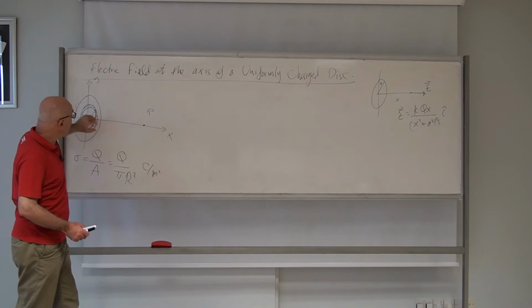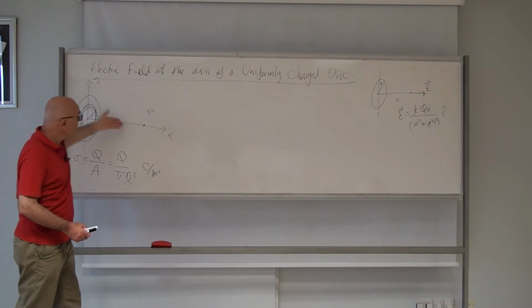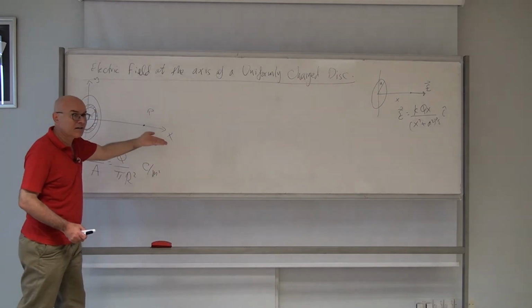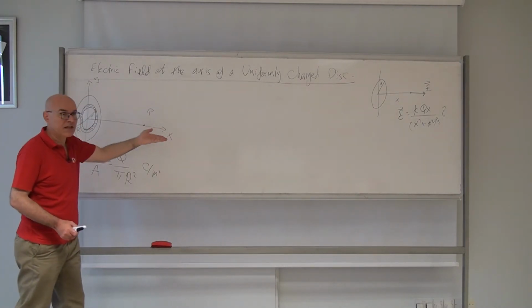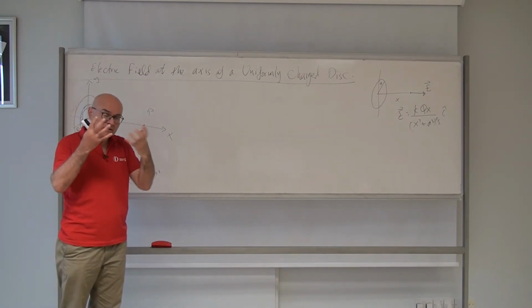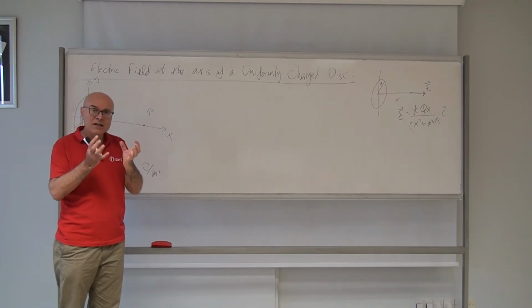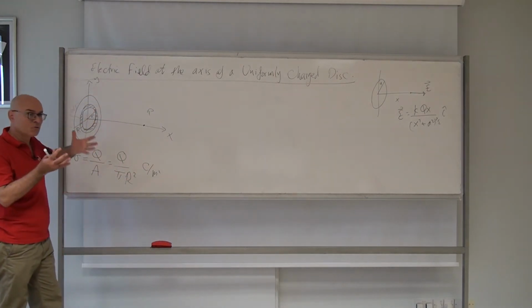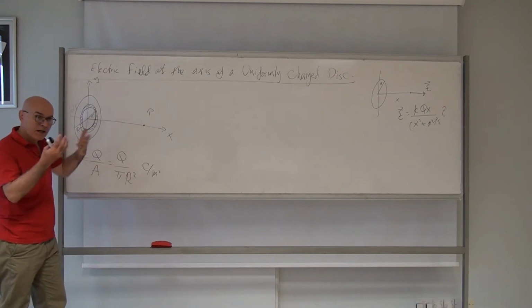And then when we add them all together, we will get an electric field which will also be along the positive x-axis. So without doing any calculations, by conceptualizing the problem, we now know our approach.